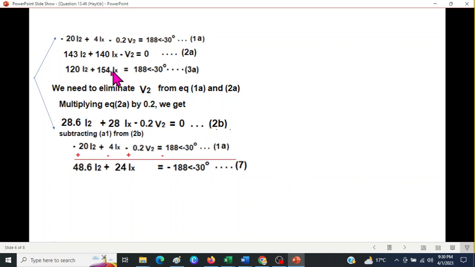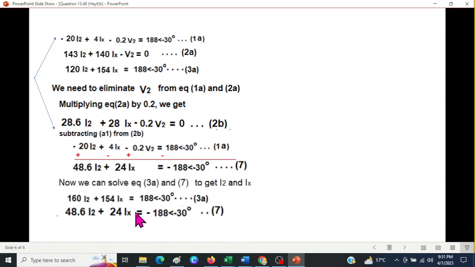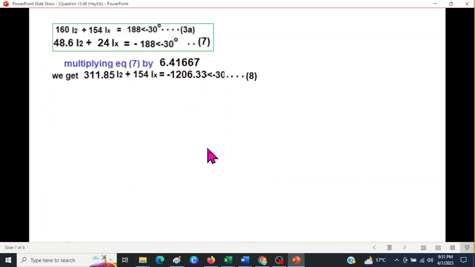We have another equation which is also purely in terms of I2 and Ix, that is 3a. So we write them together, and now we eliminate one of the terms. We'll try to eliminate Ix first. If we multiply this by 154 over 24, which is actually 6.41667, then multiplying the lower equation, we get this new equation, equation number 8.